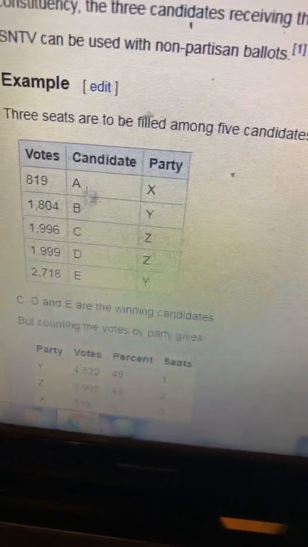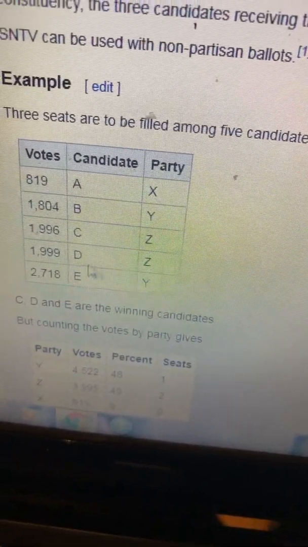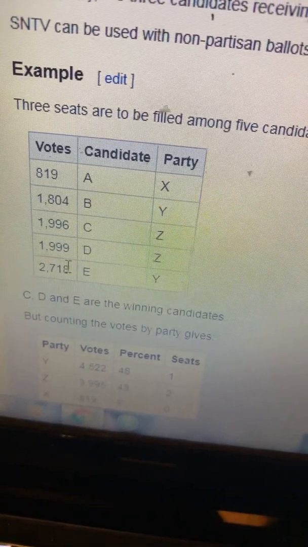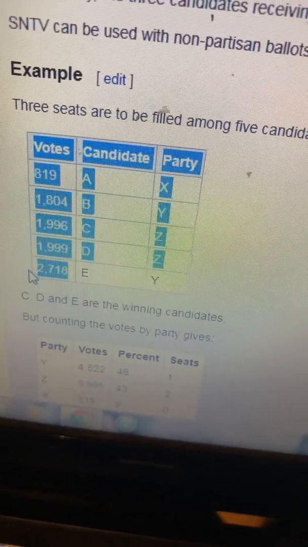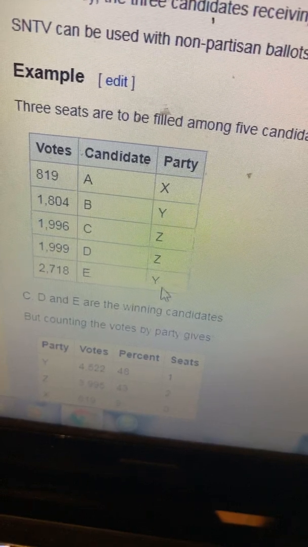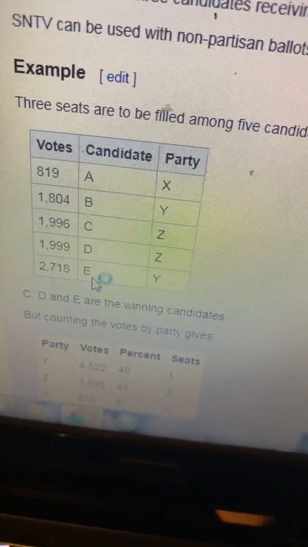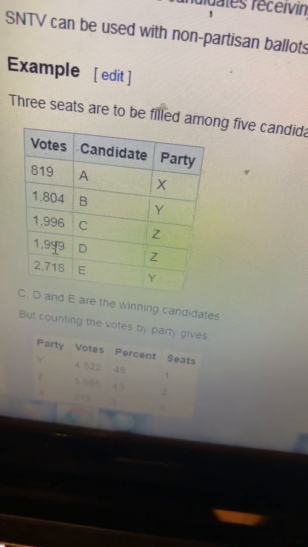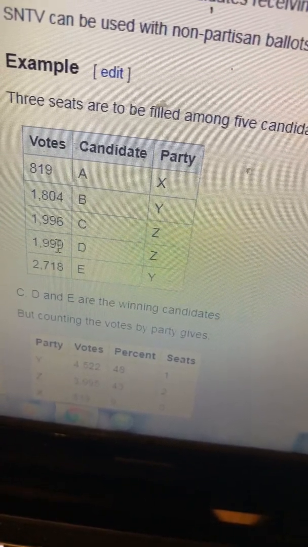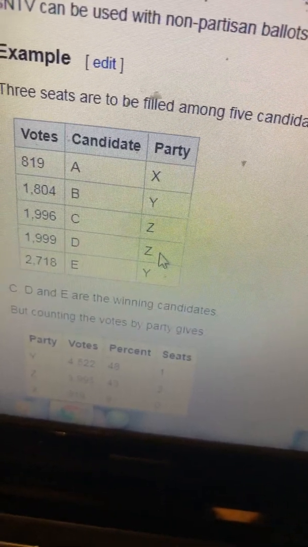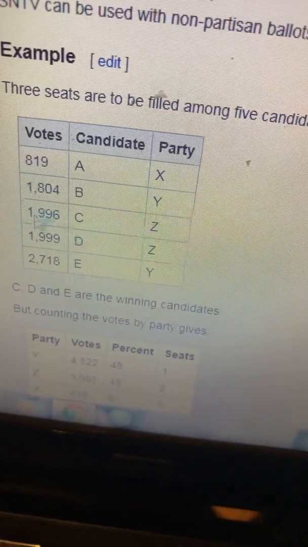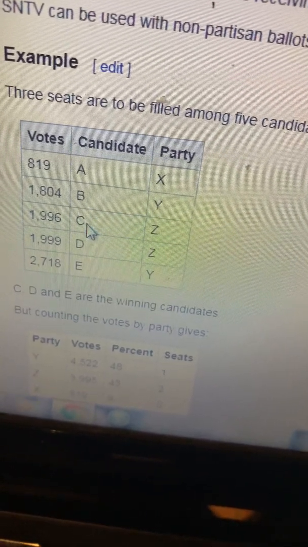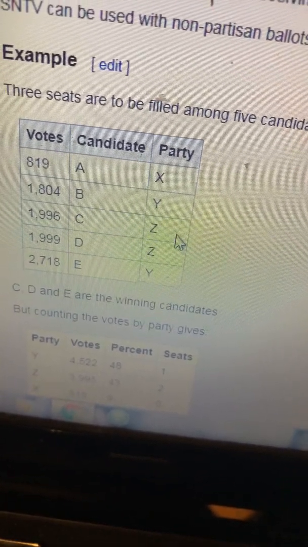The candidate, the party, and the vote: the most, like in 2000, is the most one. So Y party, candidate E, got one seat, and the next one is 1999 from Z party, candidate D, and 1996 C from Z party.